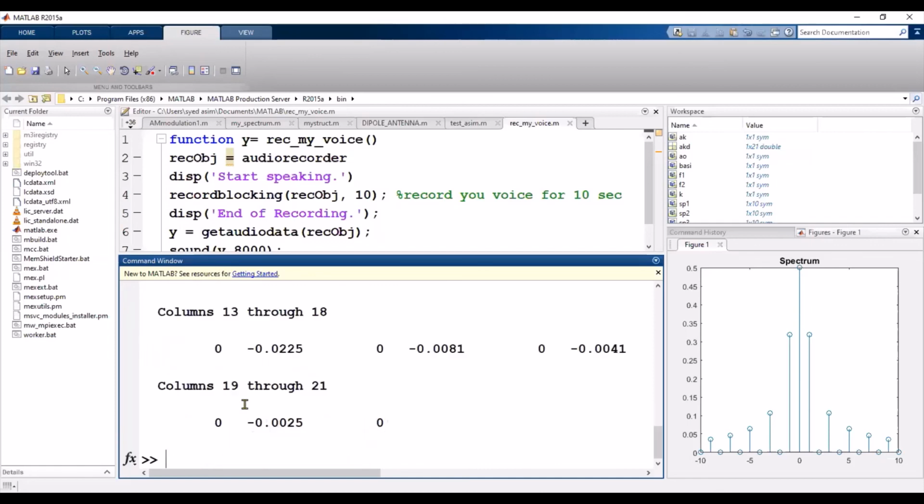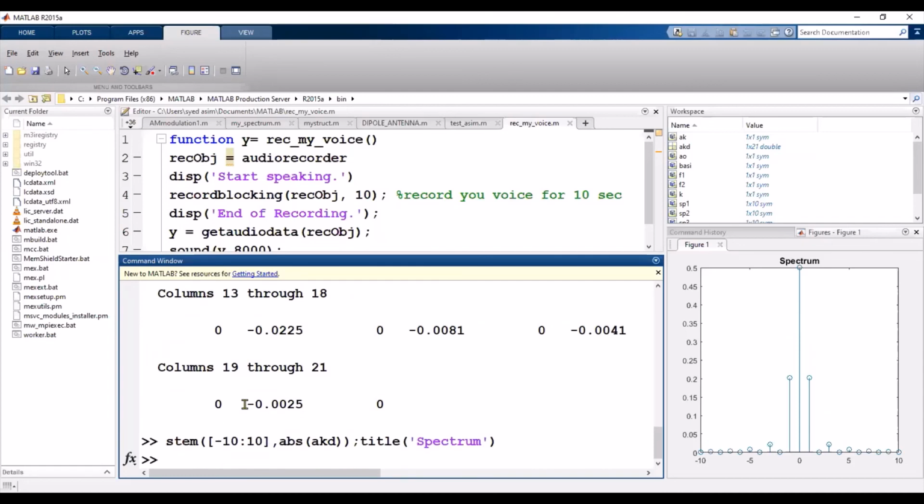And again stem, minus 10 to 10, we want to plot the spectrum from minus 10th harmonic to 10th harmonic, AKD get spectrum. If I simply press the enter key, you will find the spectrum of the triangle waveform signal: at k equal to 0, that is 1 by 2, and k equal to 1, 3, and this function is again non-zero for the odd harmonics and 0 for the even harmonics.